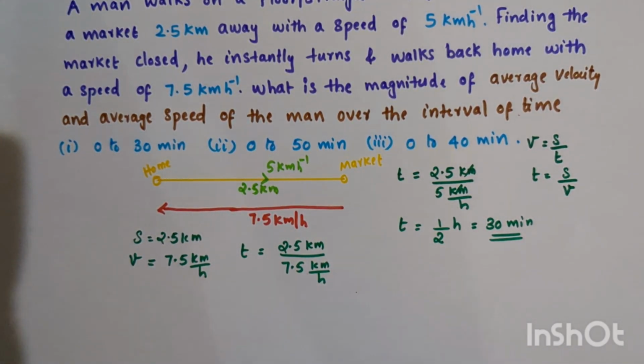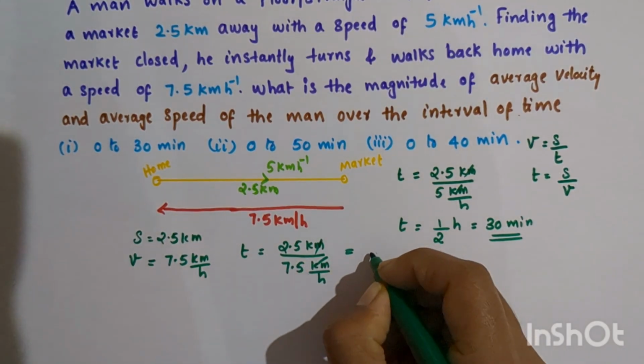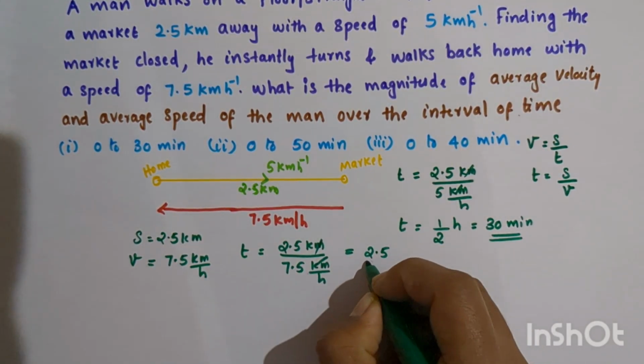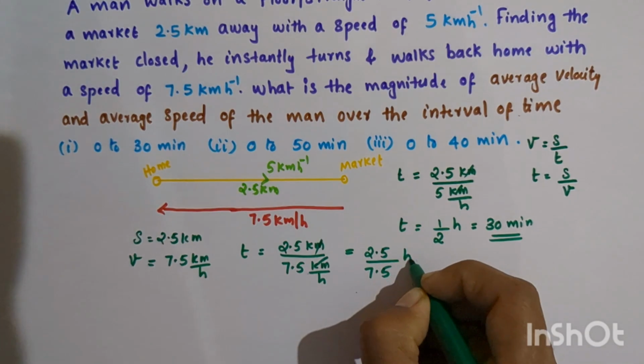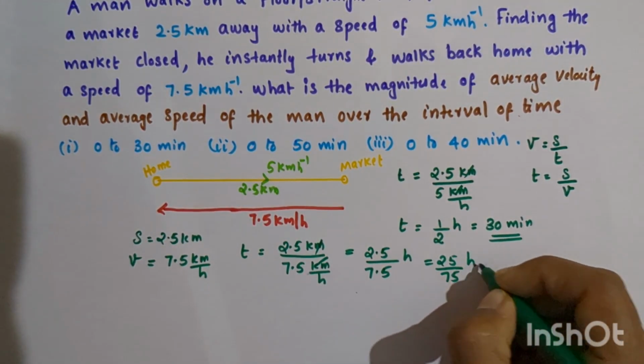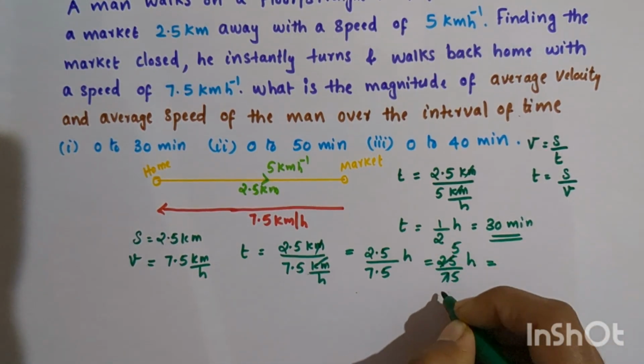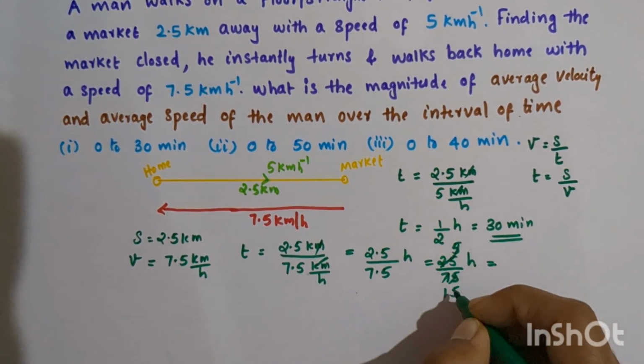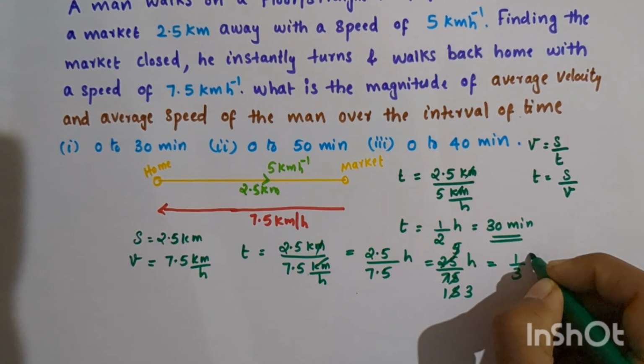Kilometer cancels, so 2.5 divided by 7.5 hour, which is 25 by 75 hour. 5 fives are 25, 15 threes, so 1 by 3 hour.